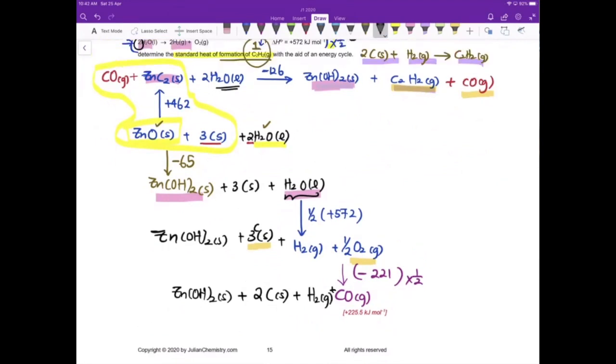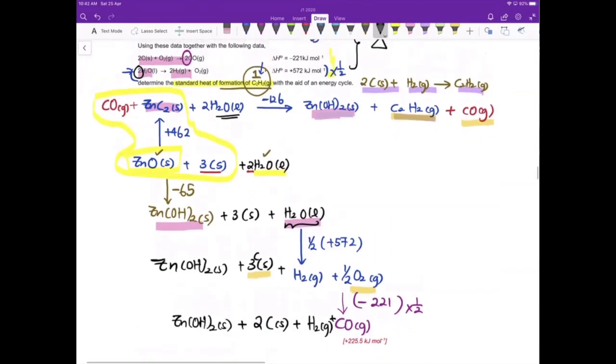Now, therefore, the final equation, which is what you want to find, your formation. Can you see carbon monoxide is carbon monoxide here, zinc hydroxide is zinc hydroxide. They do not take part in the reaction when we are pointing from here to here. It is basically representing the enthalpy change of formation of C2H2 gas.